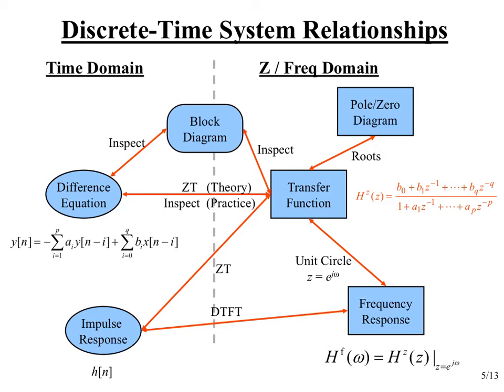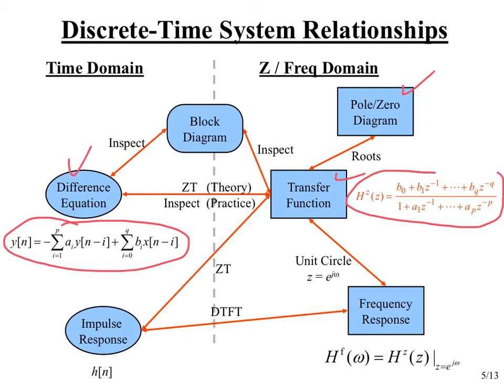Also, you should have seen this when you took my Signals and Systems class. This is just all the connections between the various ways of characterizing discrete time systems. So we've got over here the difference equation, and through the z transform, we can convert that into a transfer function. You can see the structure here for the difference equation and how by inspection we can write down immediately what the transfer function looks like.